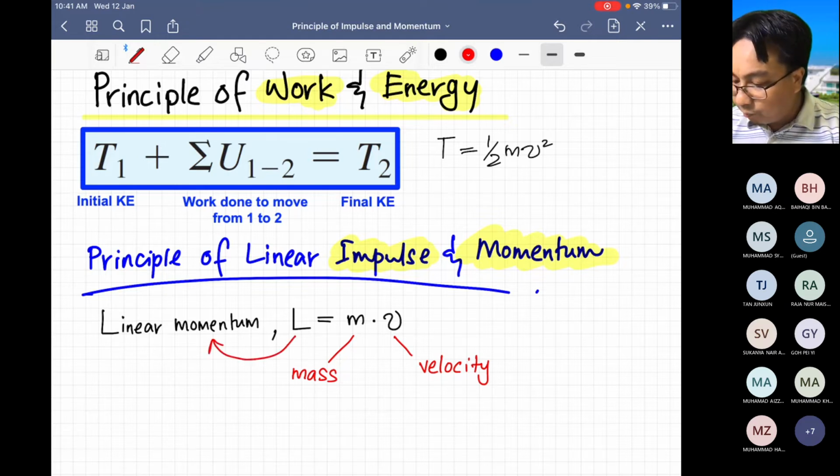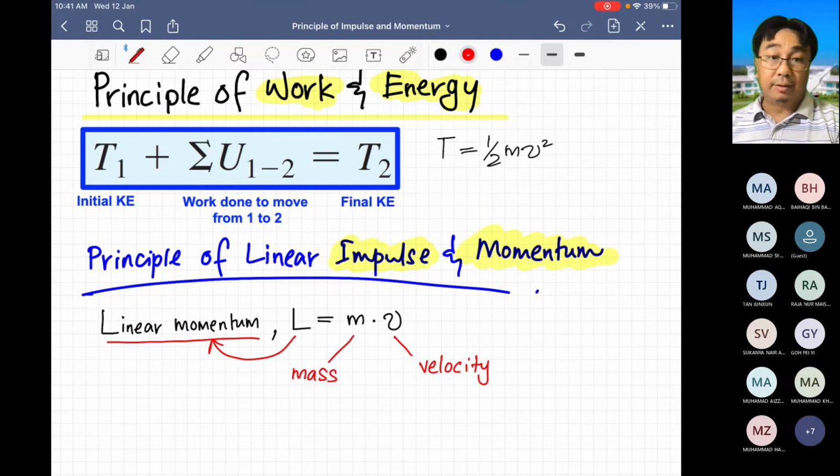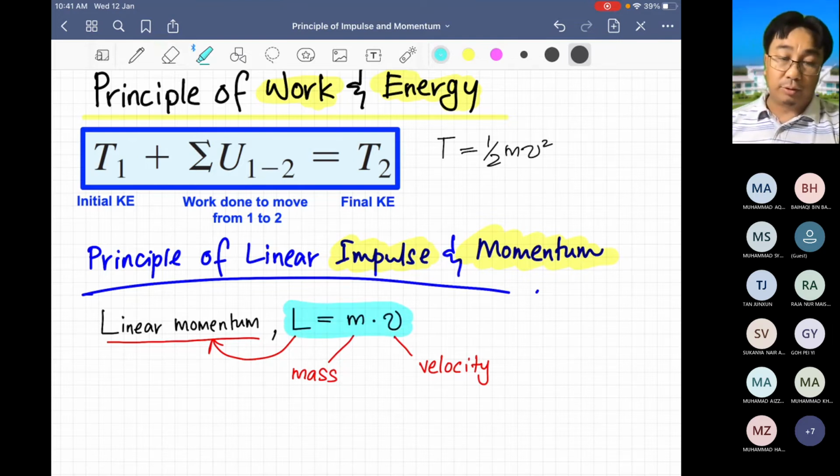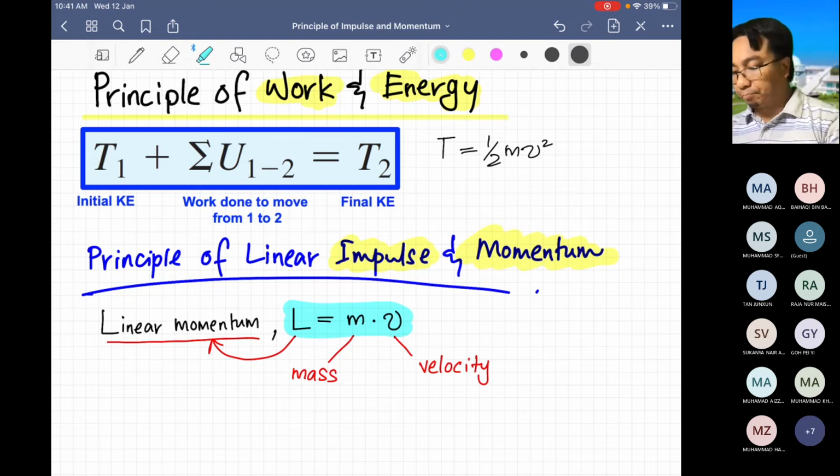This will be the equation that you should use to calculate linear momentum: L equals mass times velocity, M times V. That is one thing that you should remember.